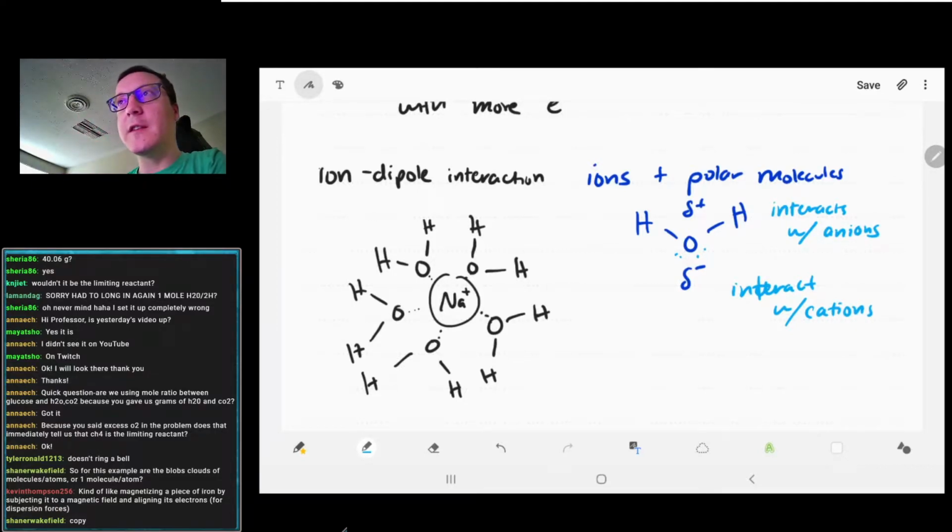So we can see here the sodium would be surrounded by these water molecules, and typically you're going to see that it's the oxygen side that's nearby the sodium, because the oxygen side of those waters is what's attracting them. Because that's the negative side of the water, and sodium is positive, they're going to interact together.